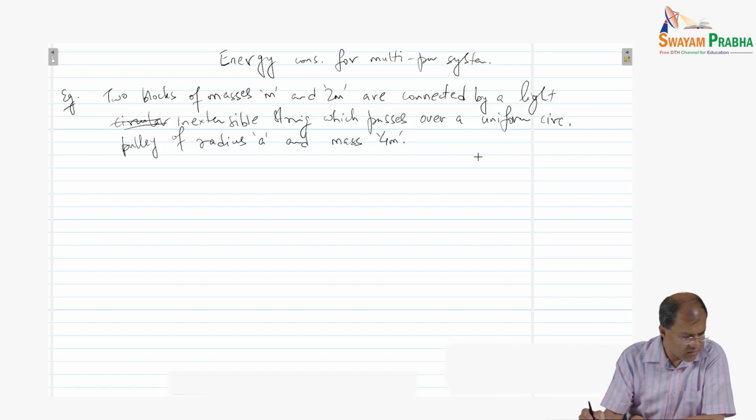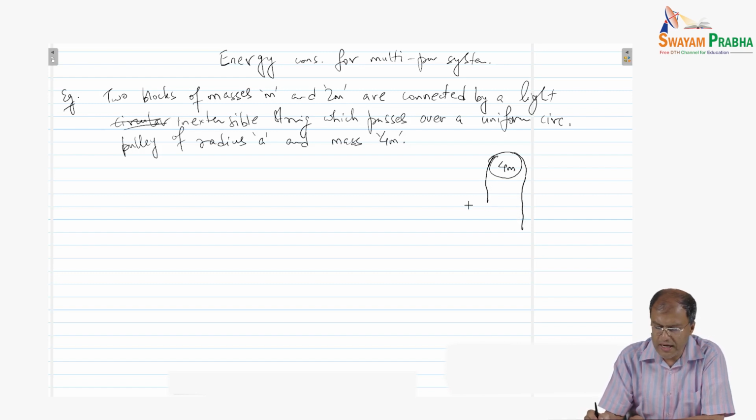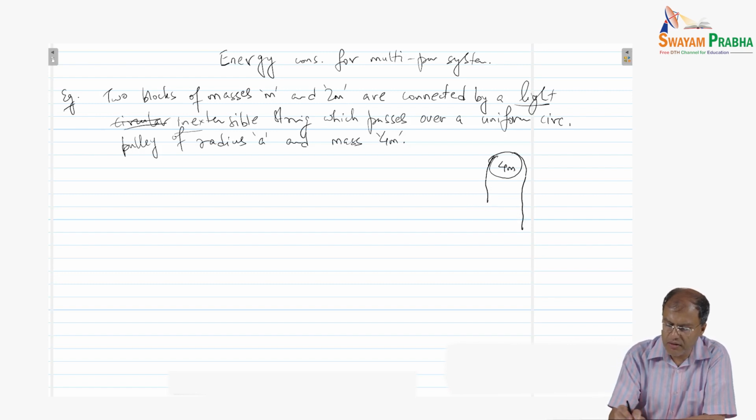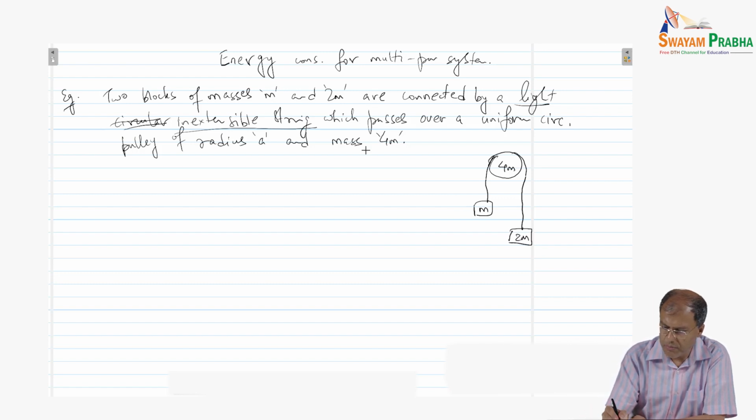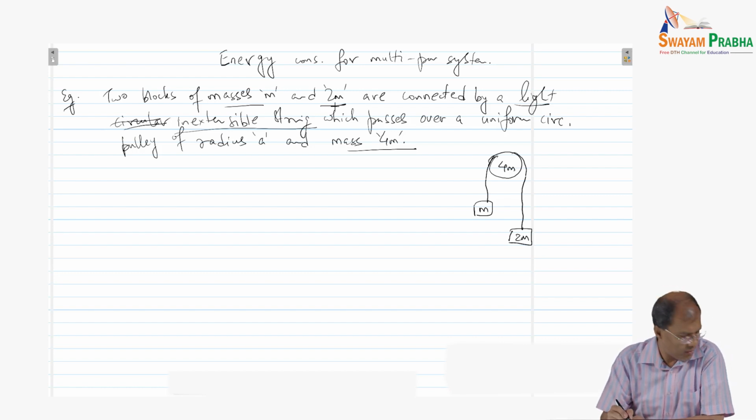so the setup is as follows. We have a pulley which is of mass 4m, and connected to the pulley we have two light inextensible strings. So the word light means that there is no weight or mass associated with the string. And then we have two objects of mass m and 2m. So the pulley is of mass 4m and the other two objects are mass m and 2m.